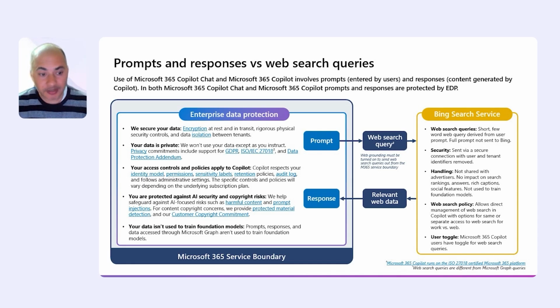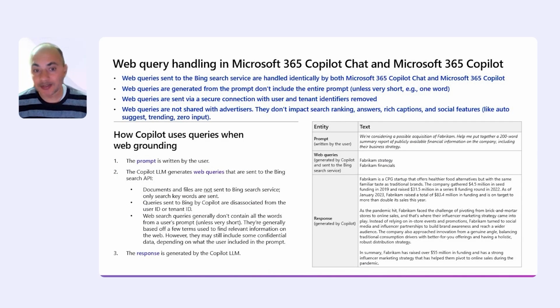Now, let me show you in the next slide a quick sample example. If a user writes this kind of prompt, what queries and keywords are derived, and what kind of response gets generated. The prompt is created by the user, and the LLM generates the web queries that are sent to the Bing Search API.